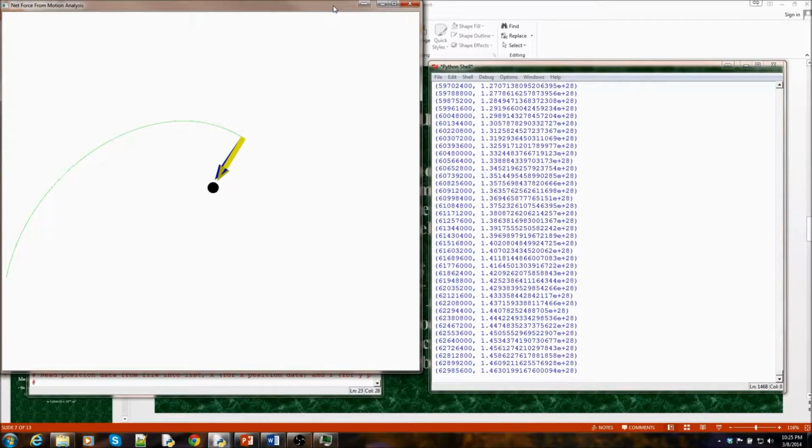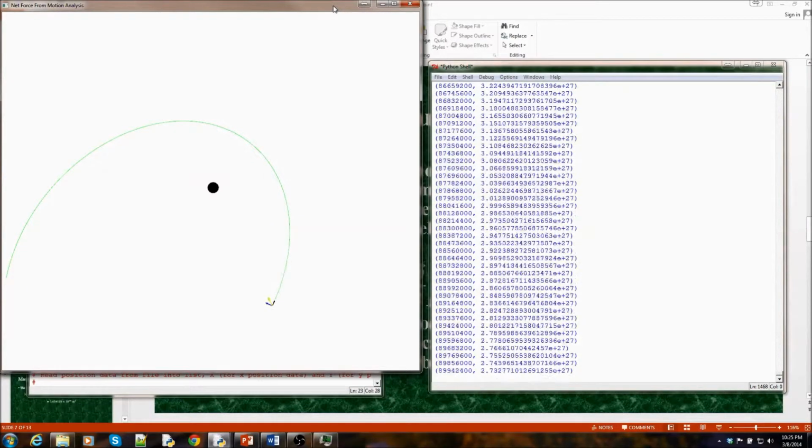At this moment here, the perpendicular component is completely equal to the total change of momentum, and the parallel component of the change of momentum is 0. After this point, you can see that the parallel component of the change of momentum is opposite of the change of momentum overall.